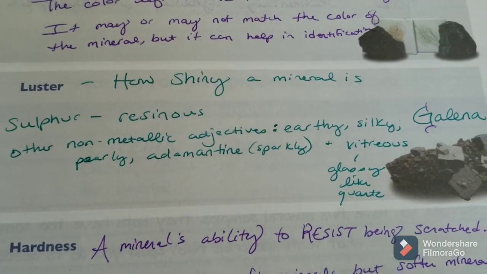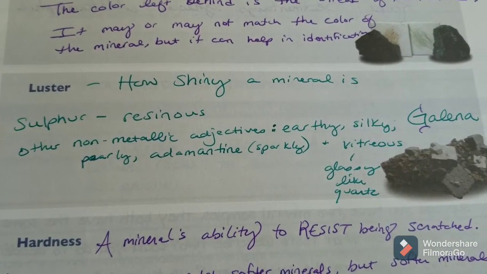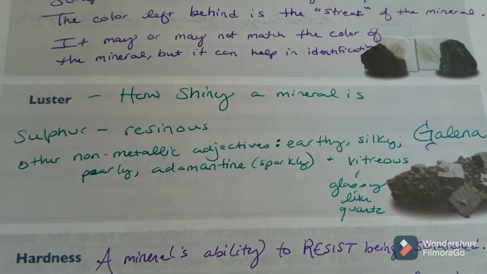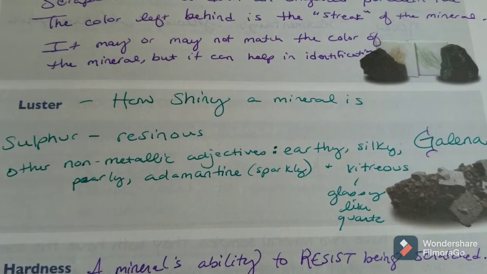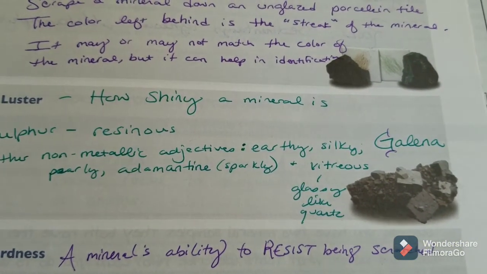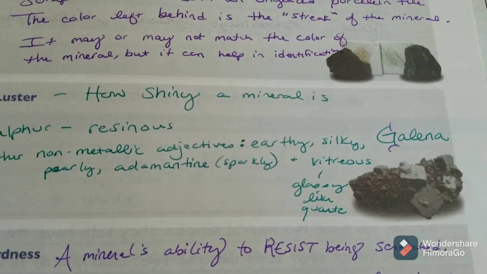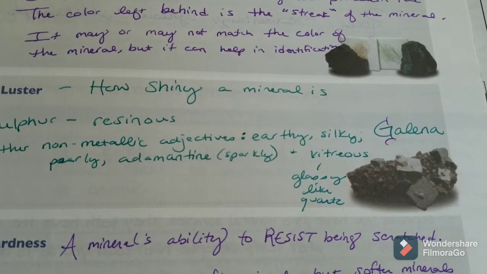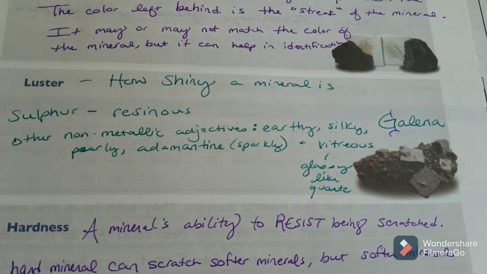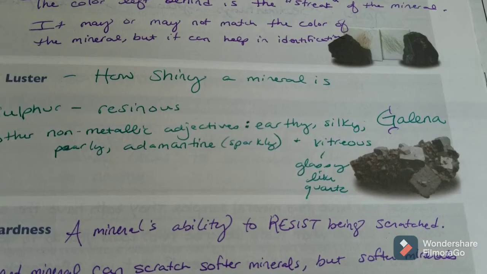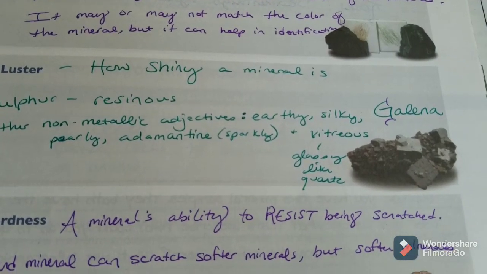Other adjectives they might use for luster are earthy, silky, pearly, adamantine, which is sparkly, and vitreous. Vitreous is glassy like quartz. This is galena, probably galena in this picture right here. It's pretty vitreous. It's pretty glassy looking.